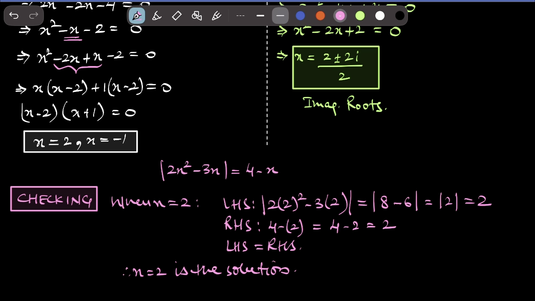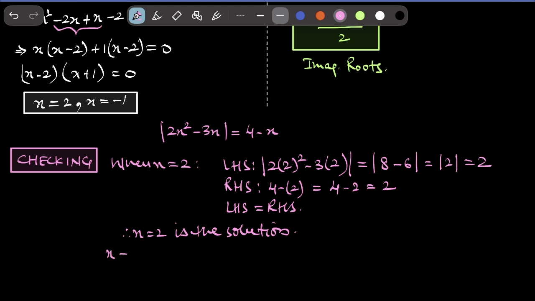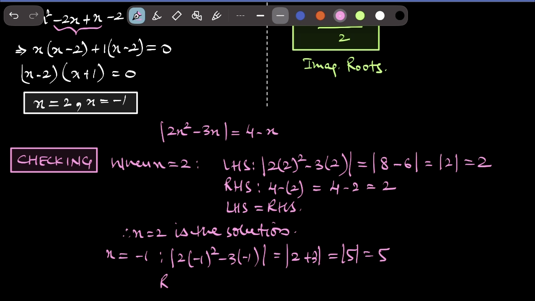In the same way, I'm going to check for x equals -1. So in the LHS, I will put 2 times -1 square minus 3 times -1. I will be getting mod of 2 plus 3, that gives us mod of 5, that is 5. This is your LHS. Let's talk about the RHS now.